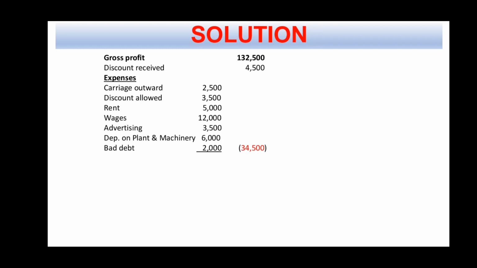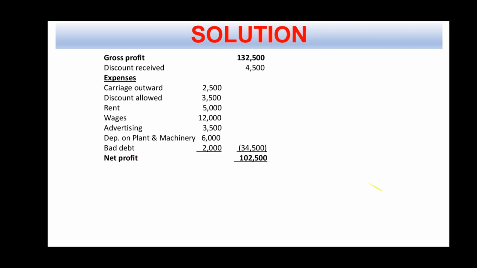That is, gross profit plus discount received gives us 137,000. If we subtract that, the balance will be 102,500. So that amount is what we now call our net profit. That is after we deduct all the expenses from gross profit and other income. So the balance we have is what we call the net profit.